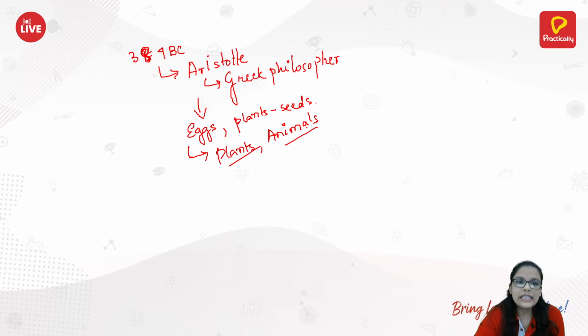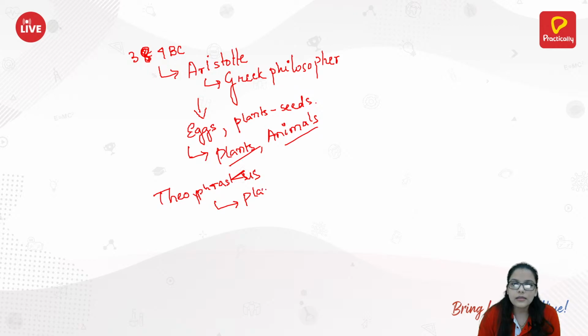Now, his disciple, a guy called Theophrastus, said that the plants can be divided. Sometimes they are small, such as herbs.